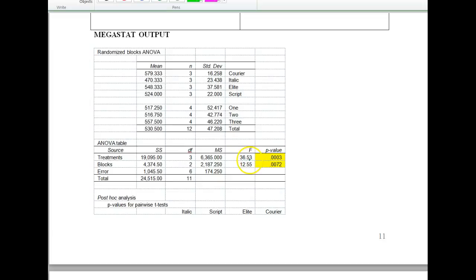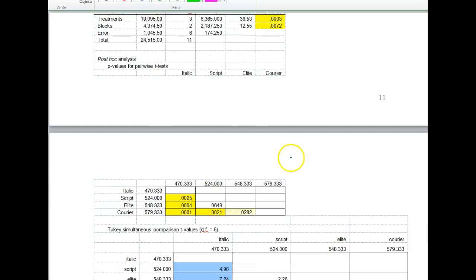That reflects the fact that this F value absolutely crushed the critical value. And this p-value of 0.0072 reflects that it also crushed the critical value, but less so, right? So 36 was far greater than the 4.76, and 12 was far greater than the 5, but not as great, and you can see that reflected in the p-values as well.